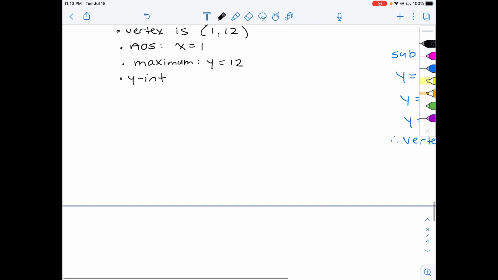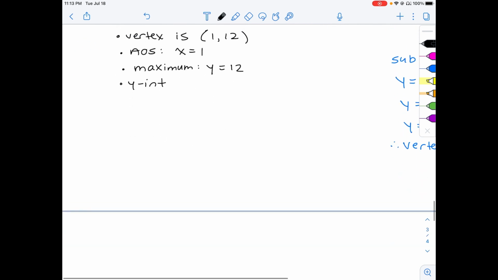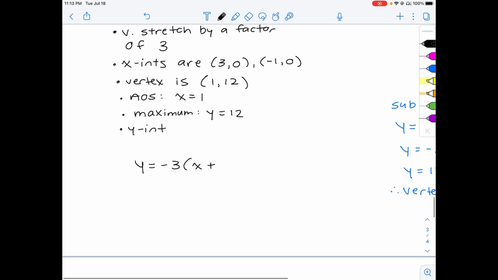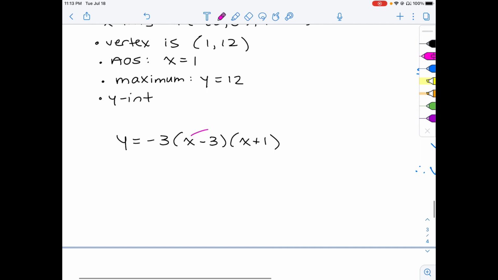Okay, so if I wanted to expand, I'm running out of room here, but that's okay. I'm going to do y equals -3, x minus 3, x plus 1. Again, when I'm expanding, I'm multiplying everything in the first bracket by everything in the second bracket.